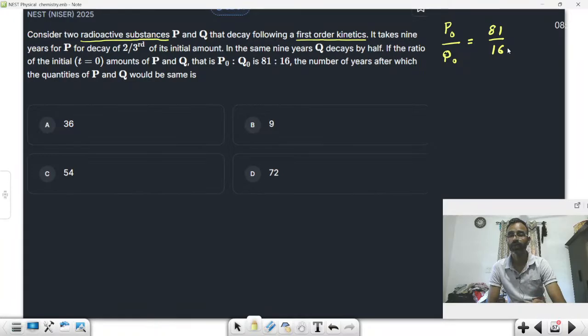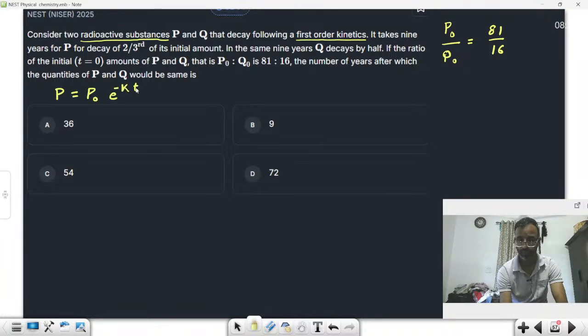That means 2/3 तो decay हो गया, तो बचा कितना? 1/3.